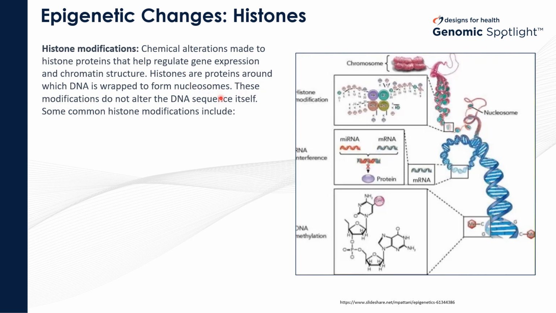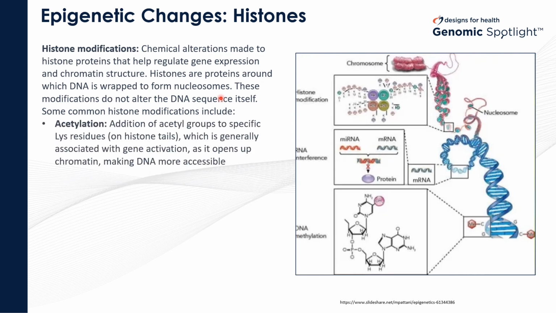These modifications do not alter the DNA sequence itself. Some common histone modifications include acetylation, which is just the addition of an acetyl group to specific lysine residues on histone tails, which is generally associated with gene activation, as it opens up the chromatin, making DNA more accessible.